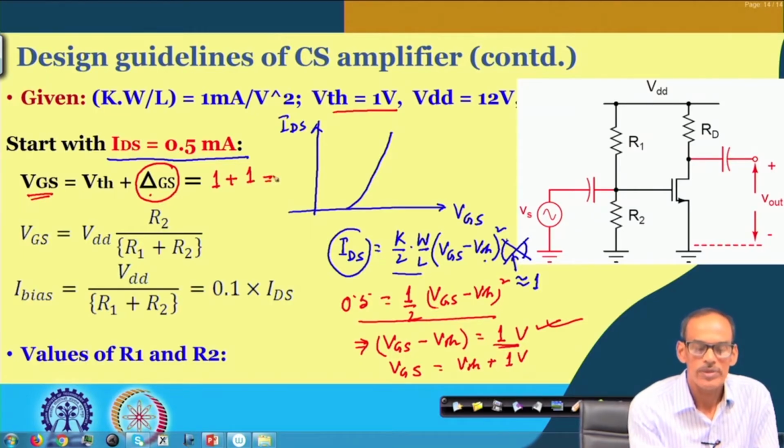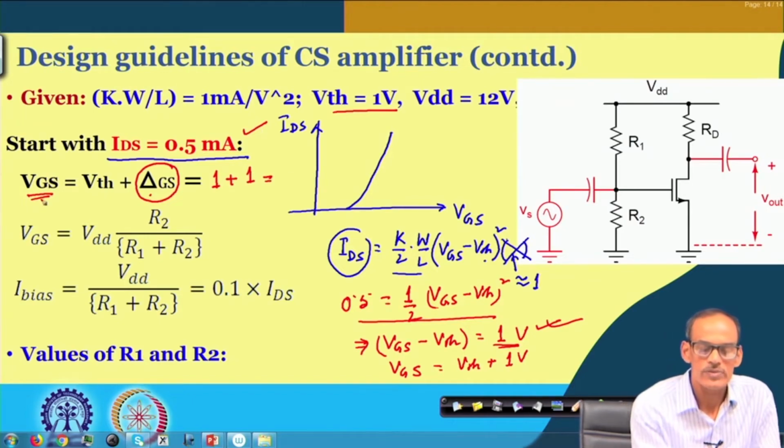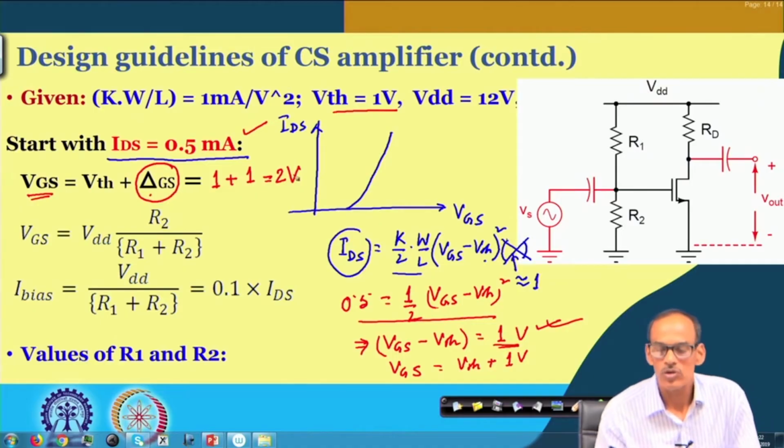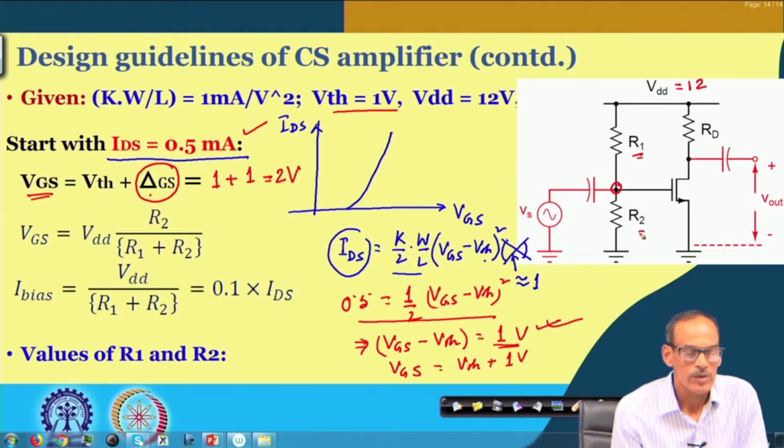So, that means to obtain this 1 milliampere of current, we need this VGS to be 2 volt. Now, that 2 volt we are generating from the 12 volt supply by using R1 and R2.